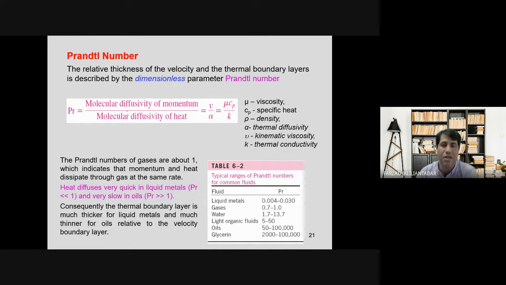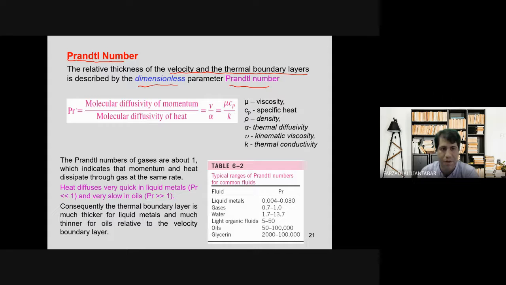Okay, this is simplified or defined by a number which we call the Prandtl number. Prandtl number, the relative thickness of velocity and thermal boundary layers, which I have already introduced to you, is described by a dimensionless parameter, which we call the Prandtl number.